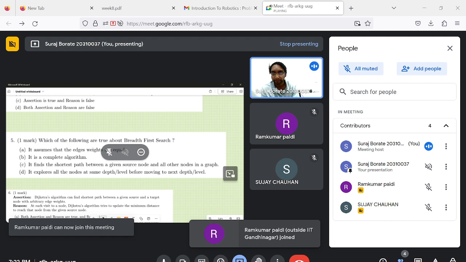From 5 you can go to 6, from 6 you can go to 8, from 7 you can go to 9, from 9 you can go to 11 and 10, and from 11 you can go to 12, and from 8 you can go to 12. You create a graph like this, right?